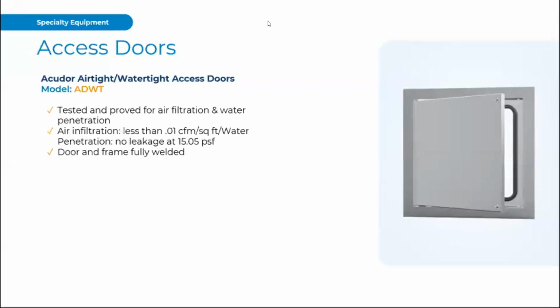Finally, on specialty equipment, airtight, watertight access doors available for all sorts of different applications from AccuDoor. You may not need to go up to the airtight, watertight access for this type of application. It's probably a higher healthcare level, but they have access doors that will hide within the wall, fire rated, ceiling mounted for recessed panel applications as well.